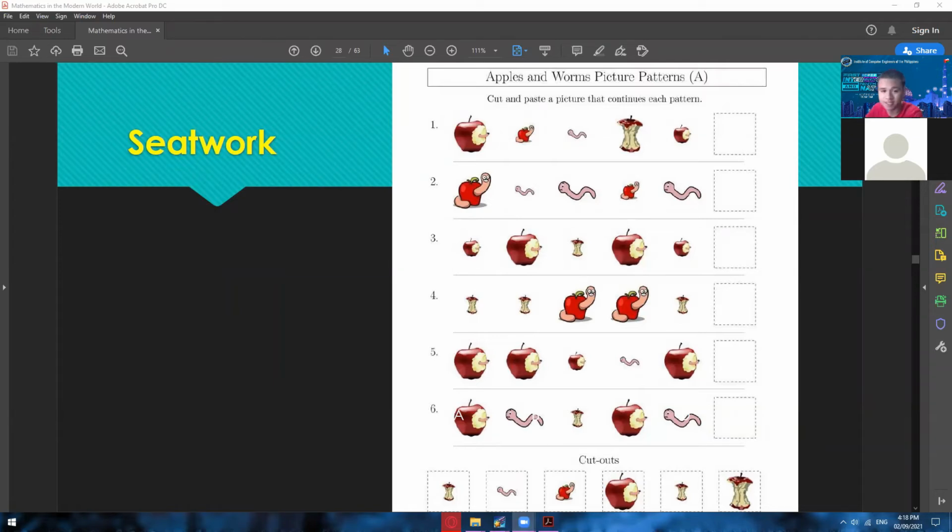So number 1 is, let's say, C. Number 2, what is your answer? Is it B? Okay, so just put everything, and then we will compare later on and see if you were able to get everything.